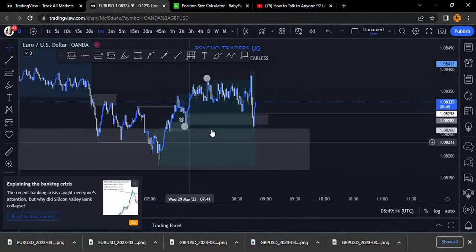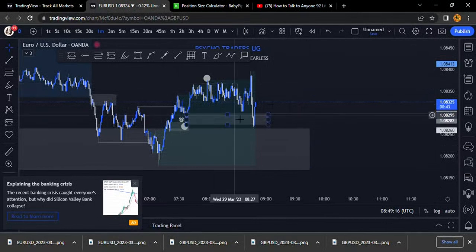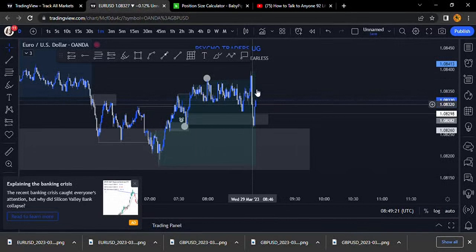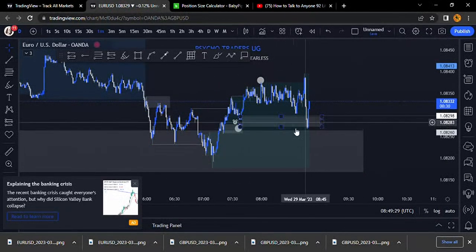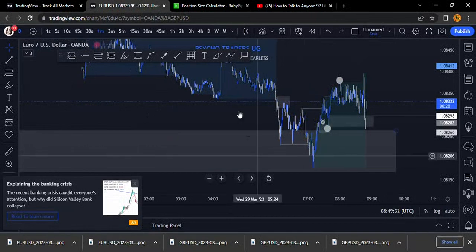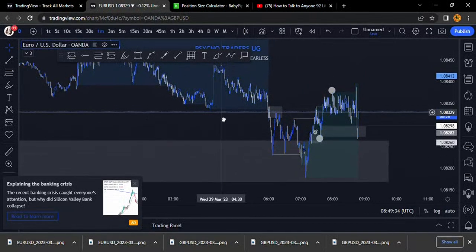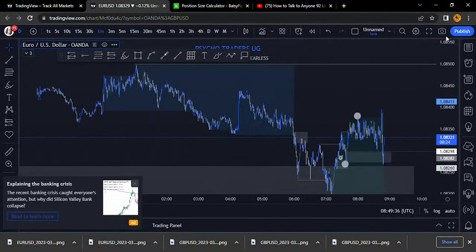But right now the structure has changed. So right now I was looking, let me say, for confirmations right here. As you guys are seeing, price invalidated it, and also at this point I'm not seeing any confirmations showing up, because I'm not seeing the cycle vault working out. So let me take you guys to another pair and I'll show you how this works.